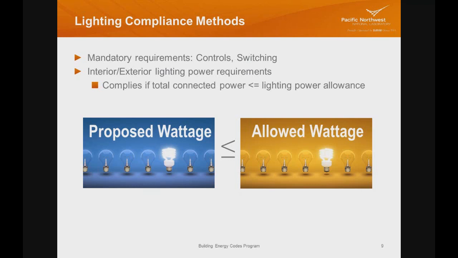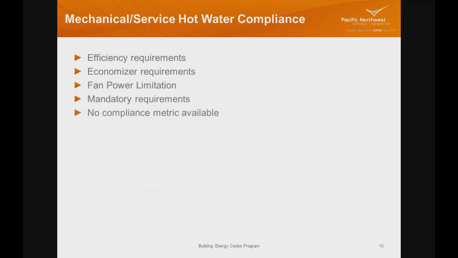And then when you enter your fixtures and apply those to the different area types, if the proposed wattage in total for your building is less than the allowed wattage, you pass or comply with the basic requirements pertaining to wattage.